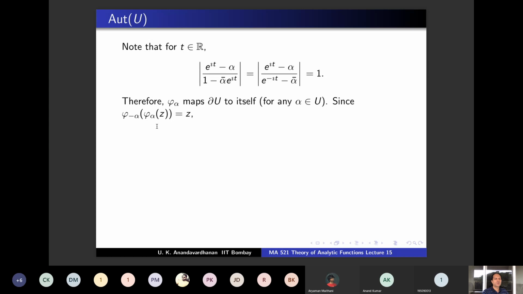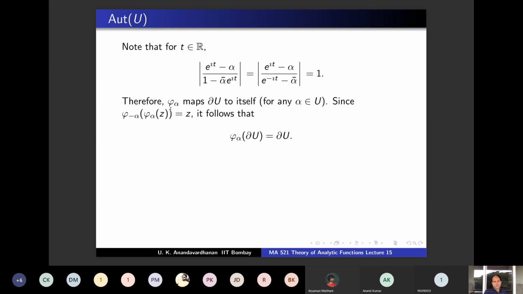And this is true for any alpha, so you have shown it for phi alpha. In order to argue generally, maybe I should have written phi alpha or phi minus alpha, it doesn't matter, it's for any alpha. So it follows that phi alpha of boundary of U is equal to boundary of U.